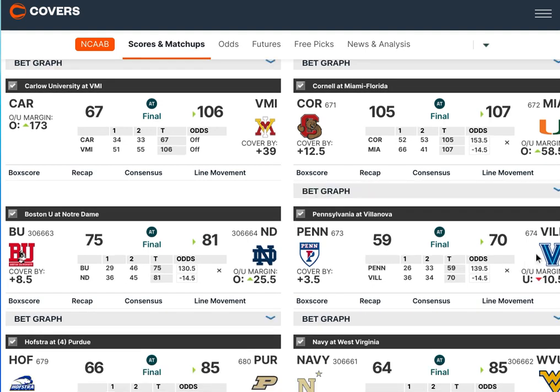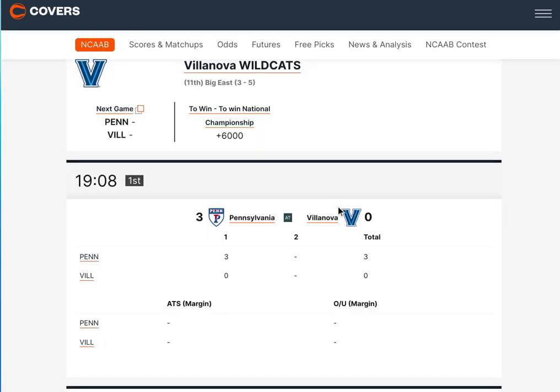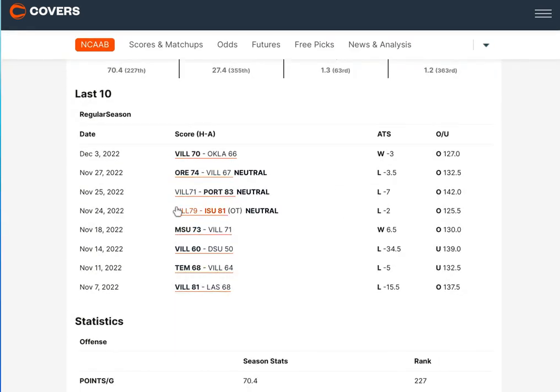Okay? And then you do the same here with Villanova. Let's finish this out. Villanova, well, they have to cover a 14.5 nut. That's a big nut, 14.5. So let's do that. 0 for 1, 0 for 2, 0 for 3, 0 for 4, 0 for 5, 0 for 6, 0 for 7, 0 for 8.